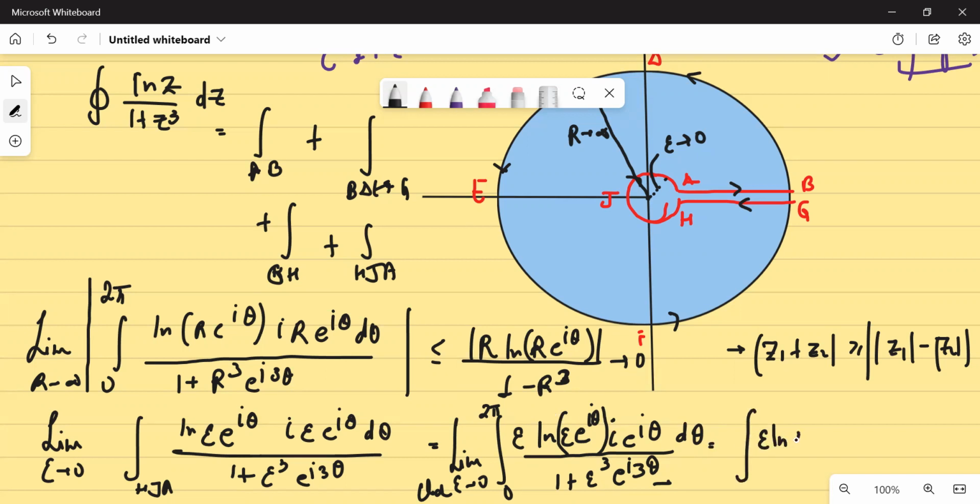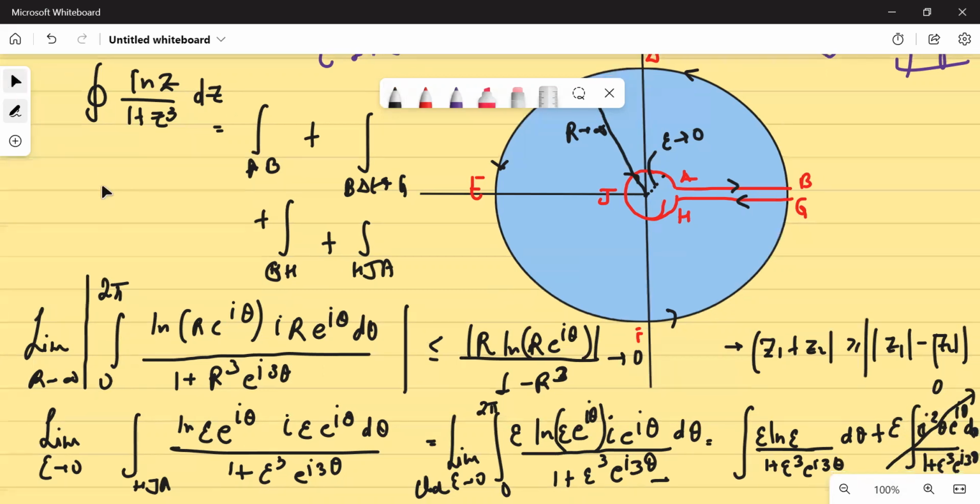One part would be this, and another part would simply be epsilon, and then ln of e^(iθ) will give you iθ, so this will be i squared θ, and then e^(iθ) dθ upon 1 plus epsilon cubed e^(3iθ). Clearly, as epsilon tends to 0, this part will go to 0. There is no doubt about it, because whatever integral comes from 0 to 2π will be a constant, and when multiplied with epsilon, as epsilon tends to 0, this will give you 0.